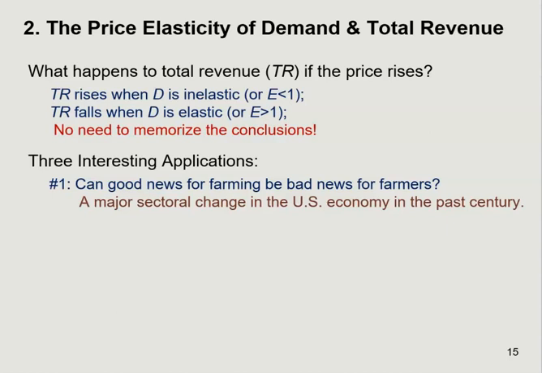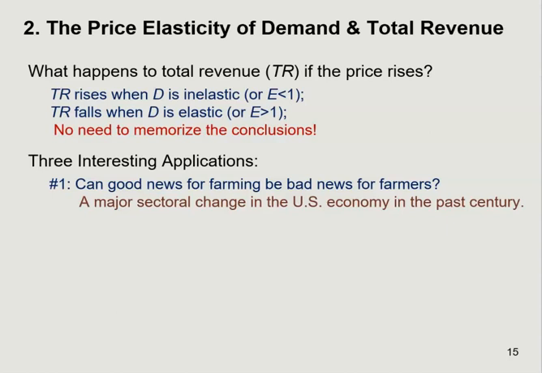It talks about how, in the past century, technological innovation in farming improved the productivity of farmers. So that's good news for farming. However, that somehow lowered the total revenue for farmers, or their income.